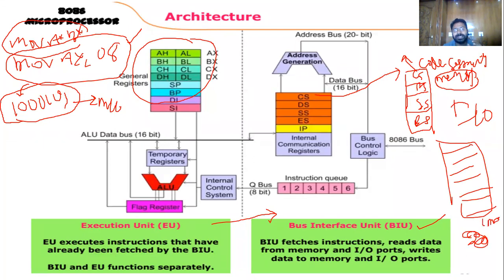So for this instruction, where the code is available, that address is developed by the bus interface unit through the code segment register. Once that address is identified, the bus interface unit gives instructions to the timing and control unit.